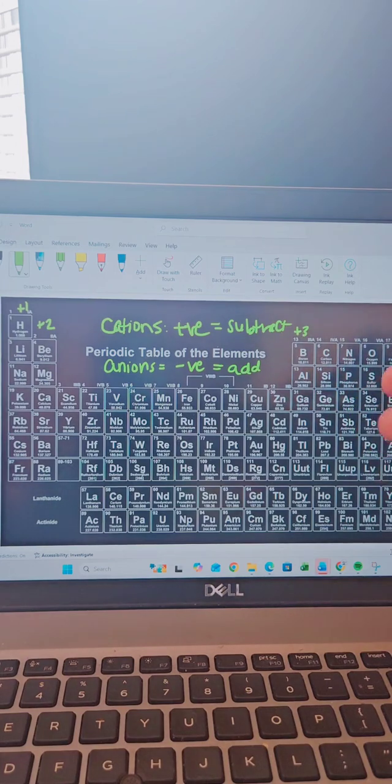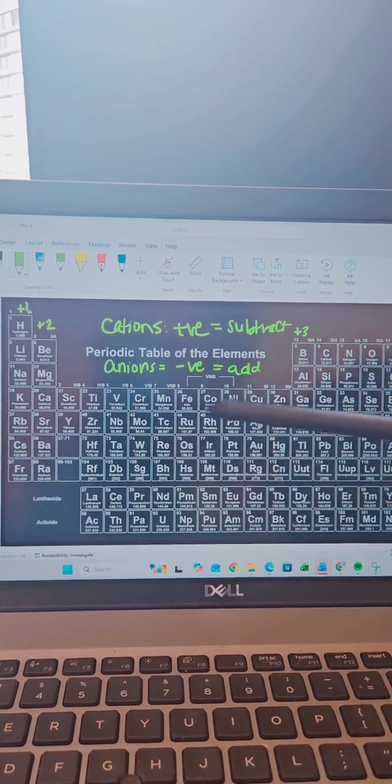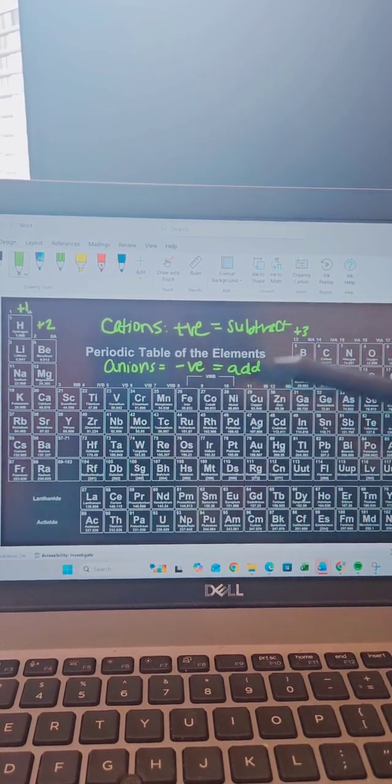Notice that I skipped groups 3 through 12 because groups 3 through 12 have multiple charges, and we aren't talking about them right now, okay? We'll get back to them later. Group 14 has a positive 4 charge, sometimes negative 4. 99% of what you guys will learn in chemistry, positive.